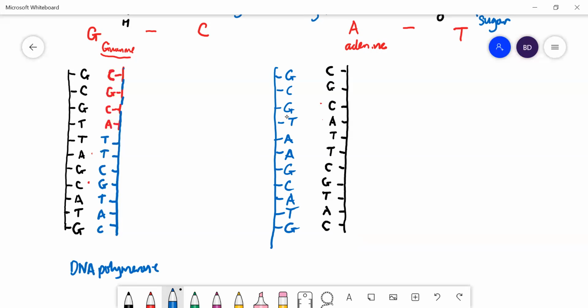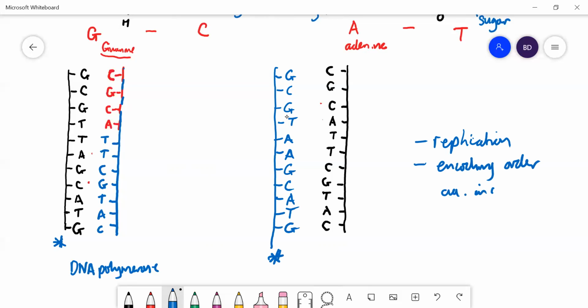And of course, this strand here is exactly the same sequence as that strand there. So that's how DNA replicates. This base pairing is absolutely essential to replication of the molecule, and also encoding for proteins, encoding the order of the amino acids in a protein. So all the functions of DNA are really explained by its structure.